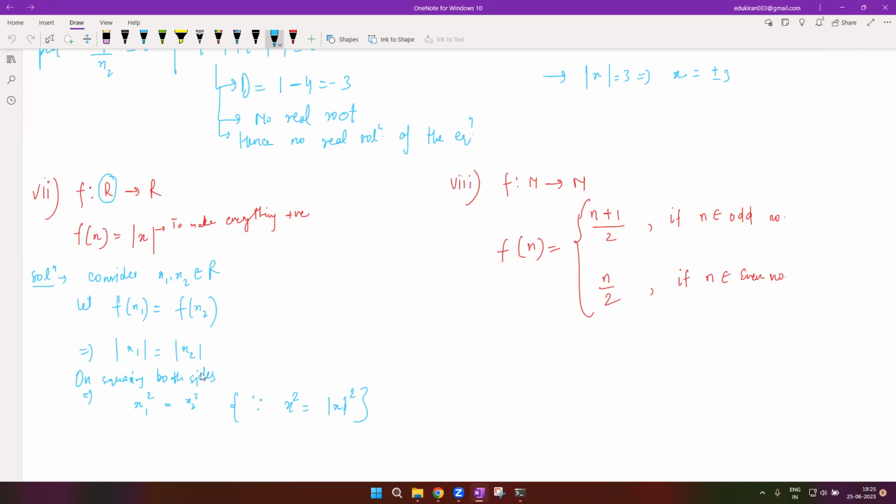So rather than writing it as mod of x1 whole square, we can simply write x1 square. So it becomes x1 square is equal to x2 square.